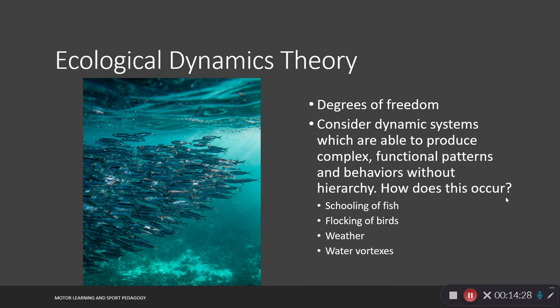Speaking more broadly here, and this is going to seem like a tangent, but it's very important. Take a second and think about different dynamic systems which can produce complex functional patterns, but which do not have hierarchy or executive control. Some of the examples I would give you here include schools of fish, flocks of birds, various weather patterns.